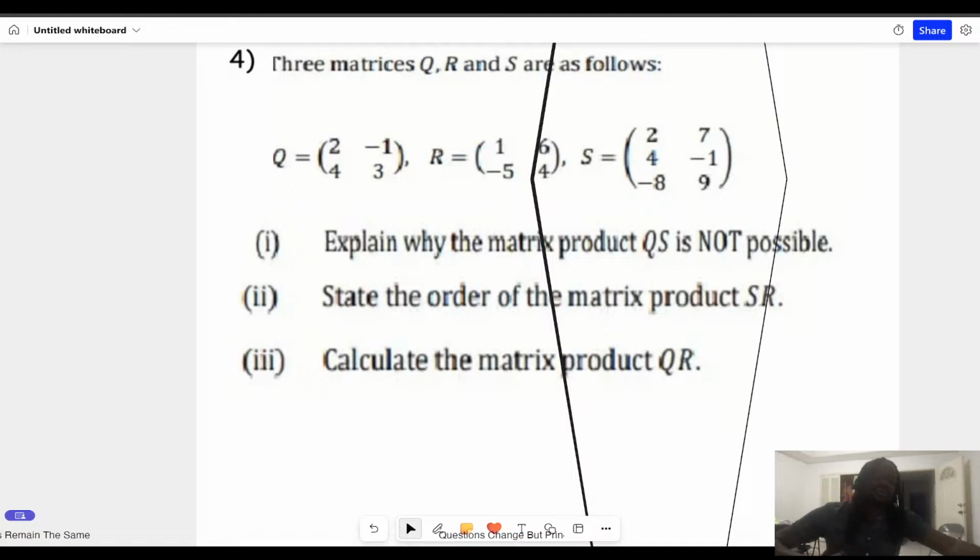So again, the second question, you don't need to actually multiply it. All they want you to do is to figure out what the order will be.